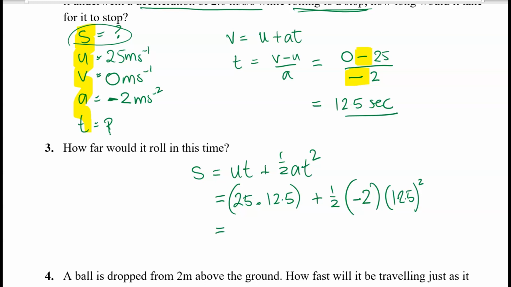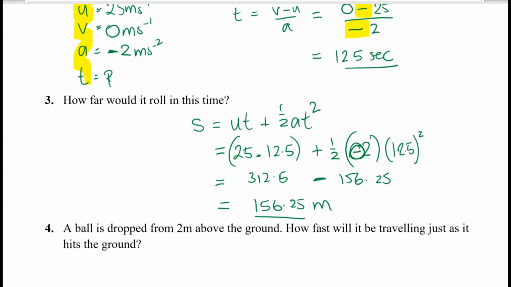Okay. Crunch that number in your calculator carefully, and we get 312.5. And because it's that negative number there, minus 156.25. So it's going to have traveled 156.25 meters along the ground in that original direction.